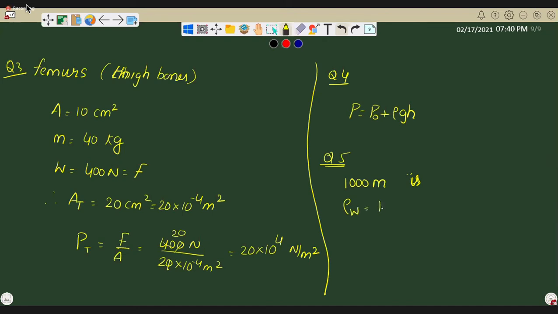Density is 1.03 into 10 power 3 kg per meter cube, g is equal to 10 meters per second square, and area is 20 centimeters by 20 centimeters.